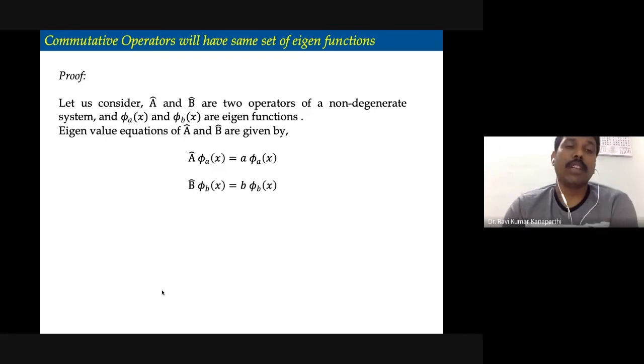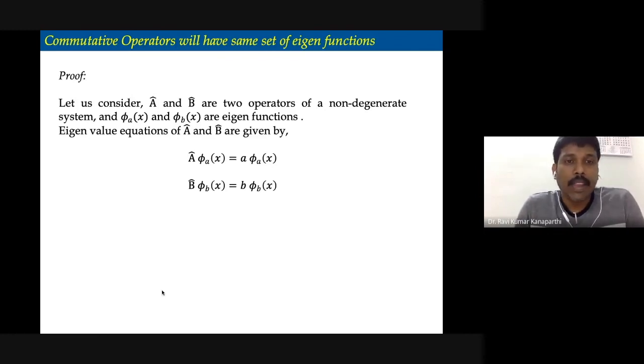For this proof, let us consider two operators A and B again, of a non-degenerate system, and let phi A of x and phi B of x be the two eigenfunctions.